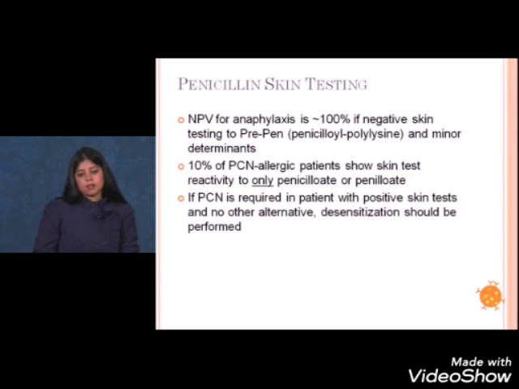And for that reason, when you refer a patient to our office for penicillin skin testing, we will do an amoxicillin oral challenge in the office as well, just to confirm that they're not allergic to these minor determinants. If penicillin is required in a patient with positive skin tests and there's no other alternative, we would then suggest desensitization.